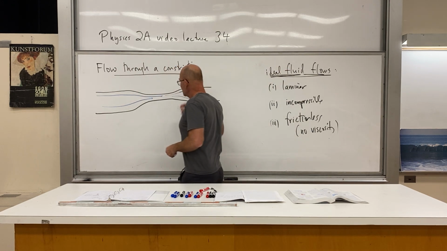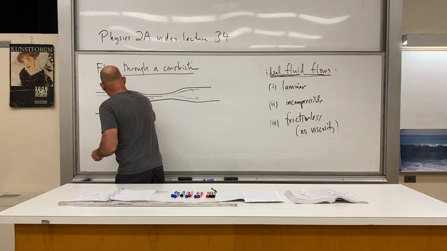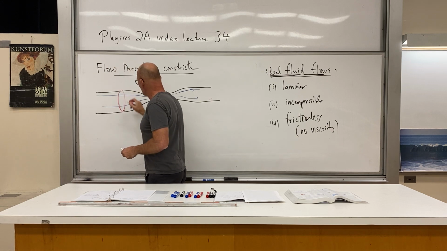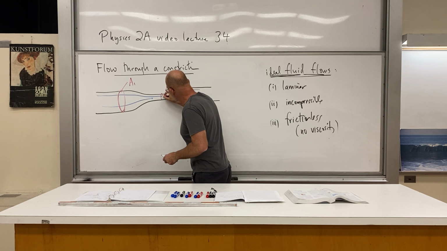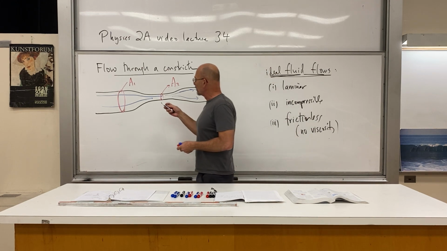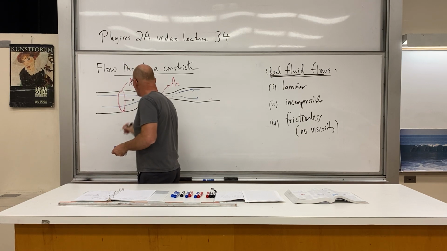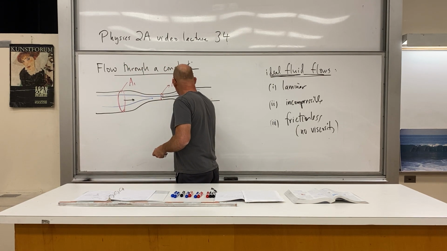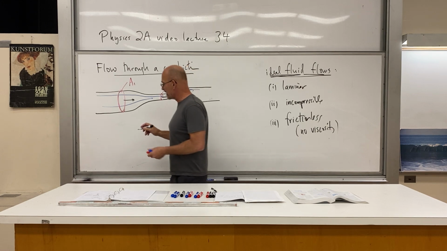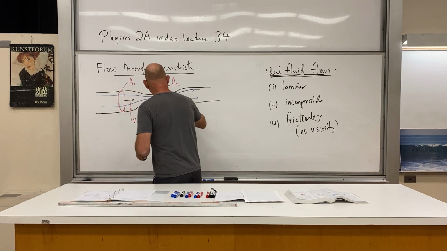So what we'll do is we'll take a cross-sectional area like that, and that would be area sub 1, and we'll take a cross-sectional area there, and we'll call that area sub 2. Okay, so we kind of anticipate that the speed is smaller through area sub 1 and faster through area sub 2, so we'll have a V sub 1 and a V sub 2.